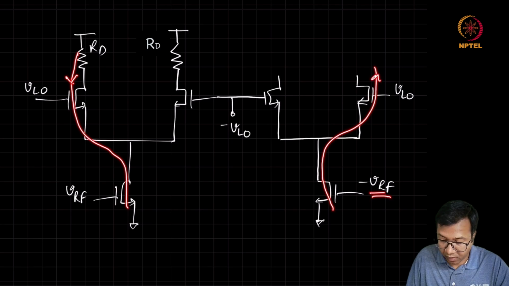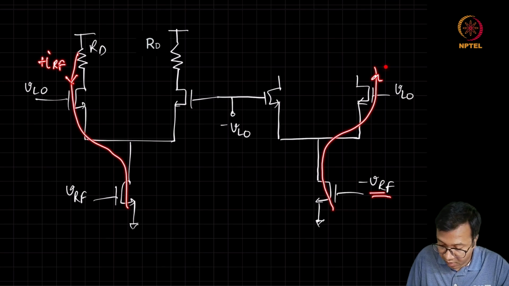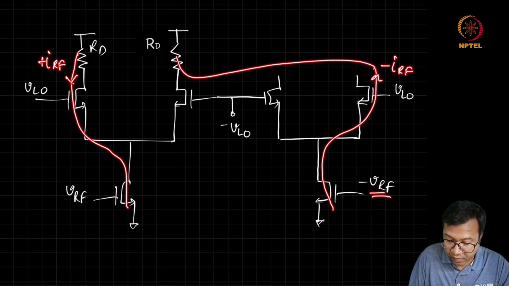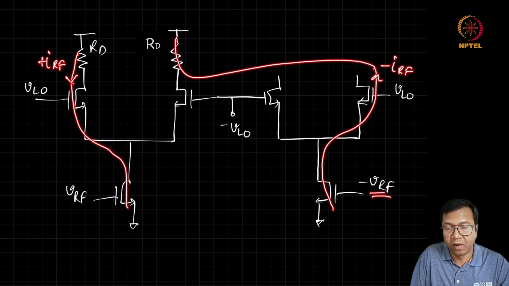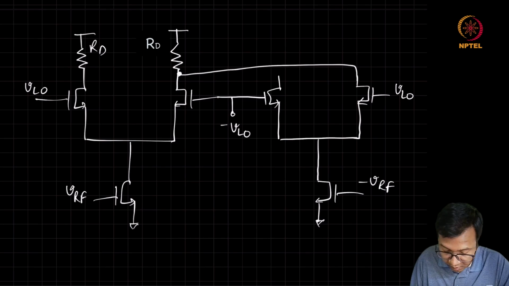So what we can do is this plus IRF, which is flowing in RD, we can allow this minus IRF to flow into the other R, so that when the differential output is taken, we get twice the output. For that reason, this is connected here.